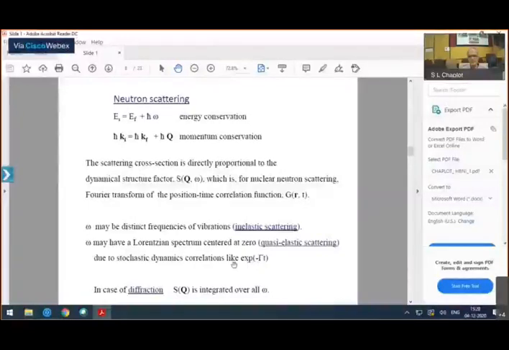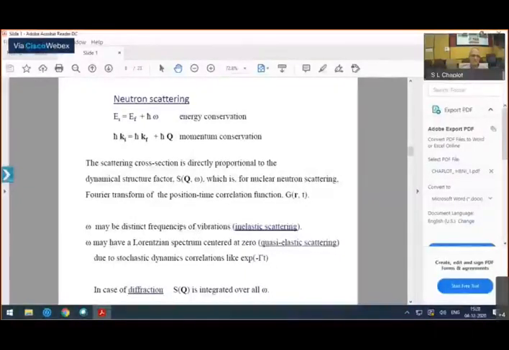In practice, depending on the nature of the stochastic dynamics, you may have a fairly complex relaxation function, and the corresponding Fourier transforms may be quite complex. So one has to have a proper model or do a proper theory and so on. But it all comes under the category of quasi-elastic scattering.